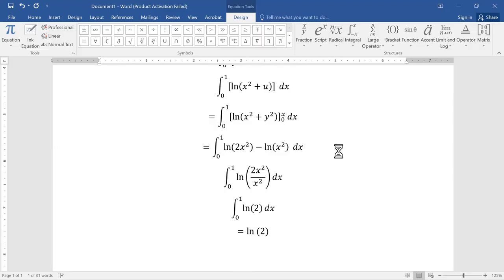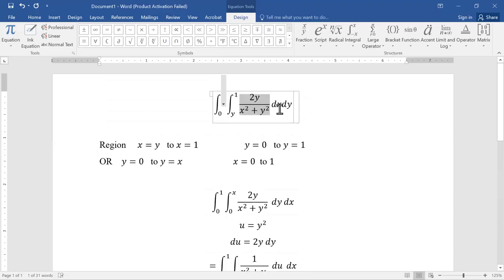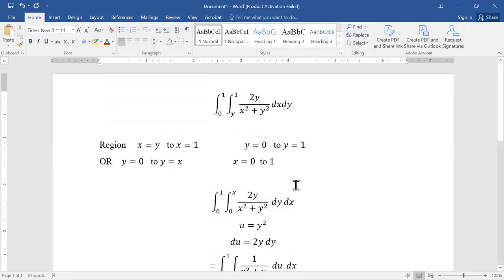And this one is all doable by hand, and very easily doable by hand, if we change the order of integration from x first then y to y first then x. Again, I have to be very careful how I set up my integration bounds though, whenever I do that.